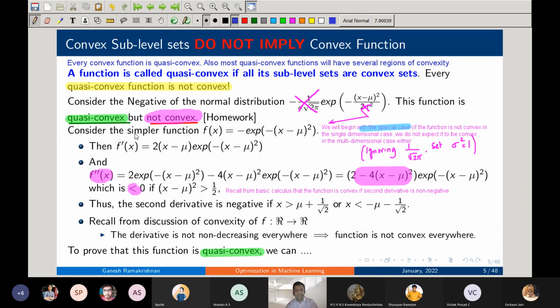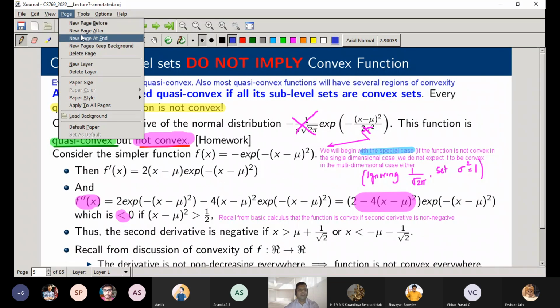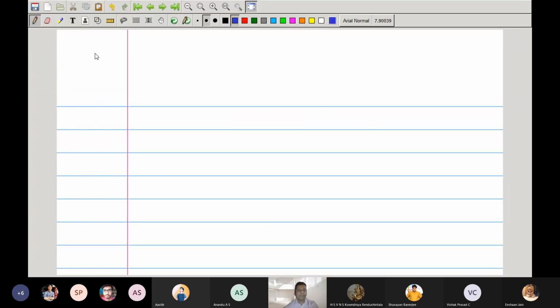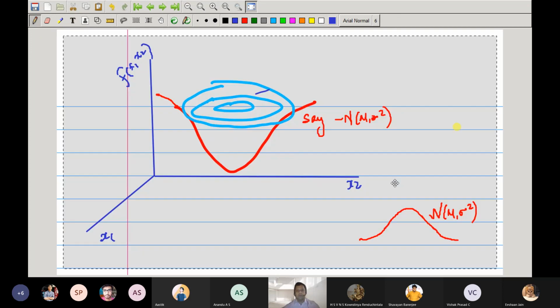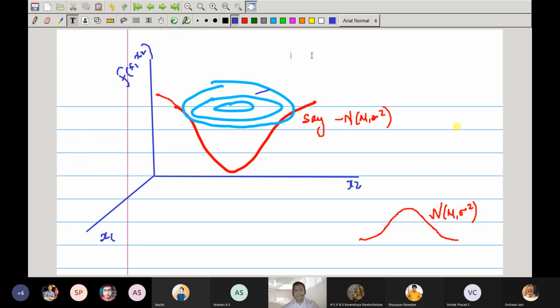Now let's try and prove that the function itself is quasi-convex. What I'm going to do is paste a picture I made, since this takes too long to do in the class. So here's a picture.